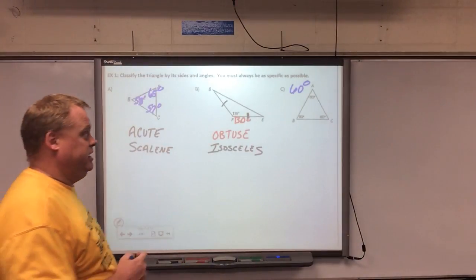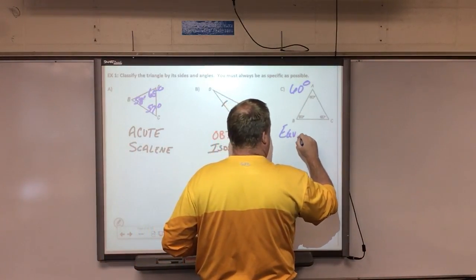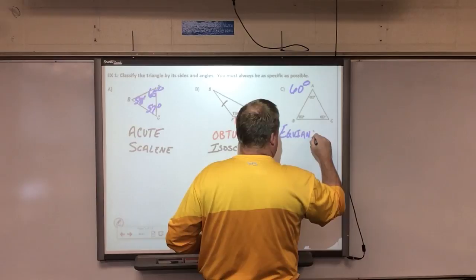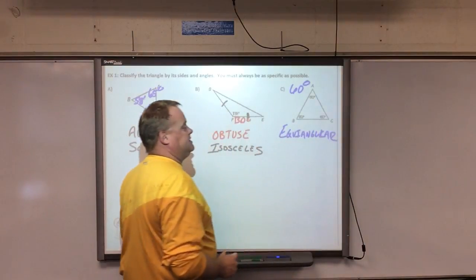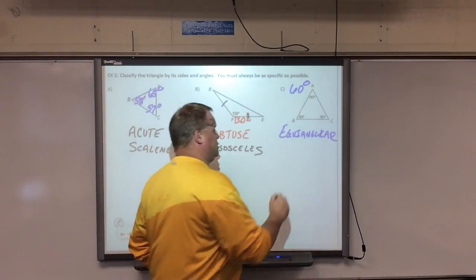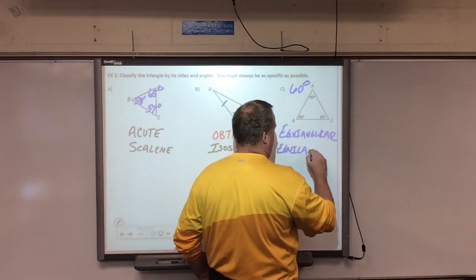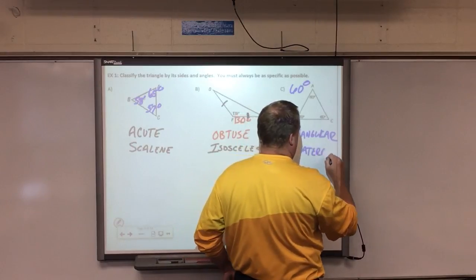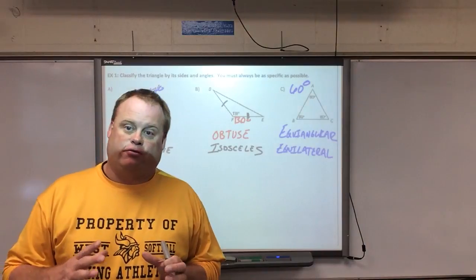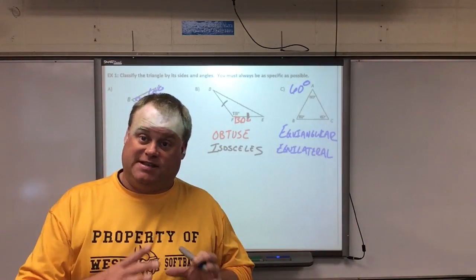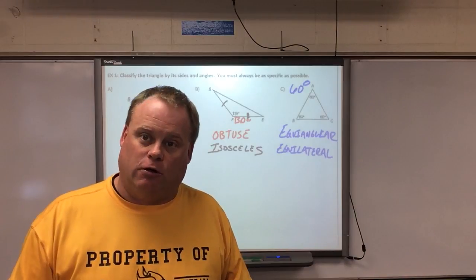So this is going to be equiangular, and since it's equiangular, it is also equilateral. Remember, if all three sides are congruent, then it's an equilateral triangle.